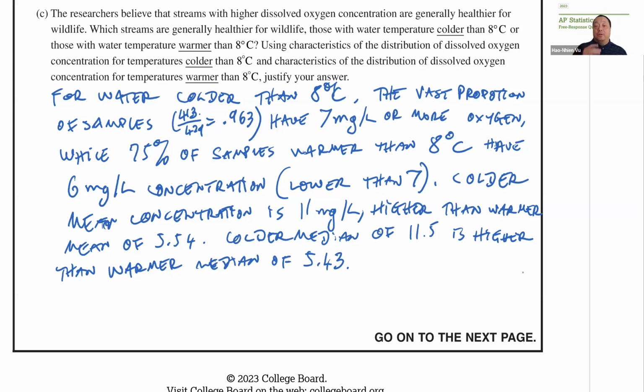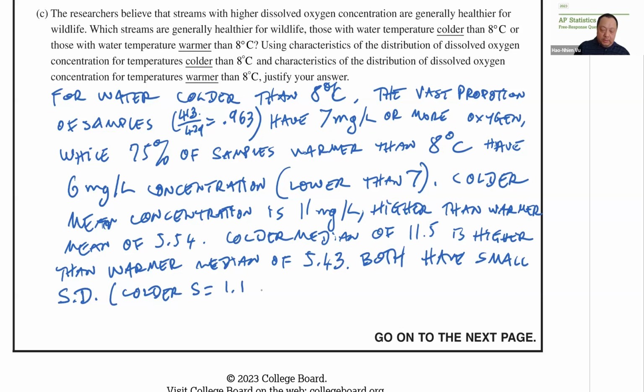If you think in terms of ANOVA, right? You want to show that the two are not overlapping by a lot. Both have small SDs. Colder S is equal to 1.1. Warmer S is equal to 1.7.